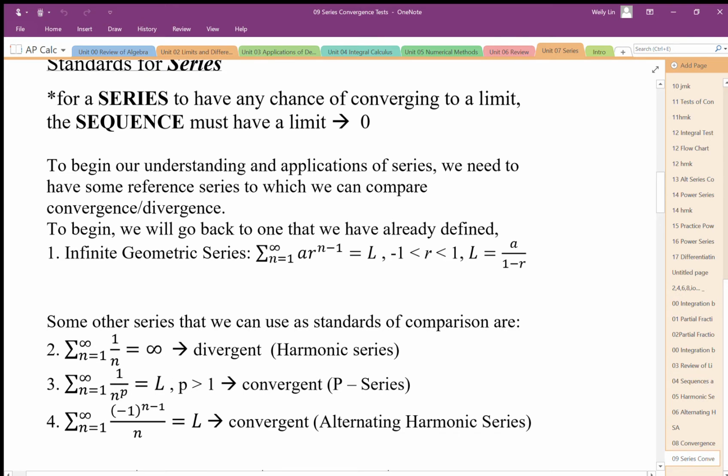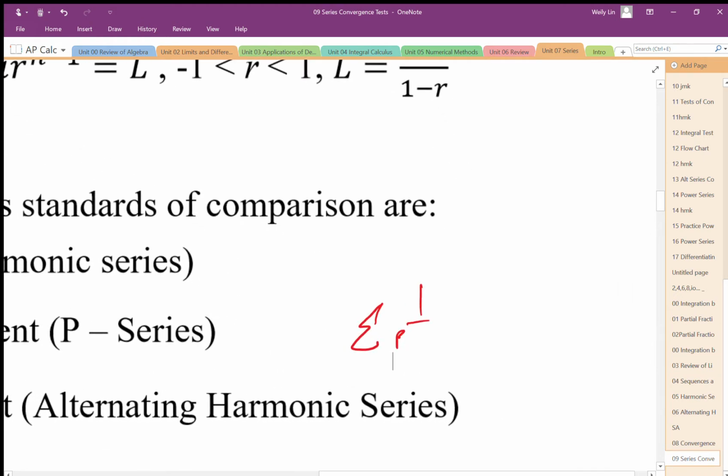We also know, and I'm just going to add this into the notes, that if p is less than 1, so 1 over n to the 1 over p, a root. Let's zoom in a little bit and write that a little more clearly.